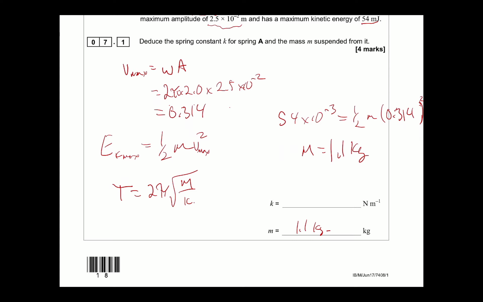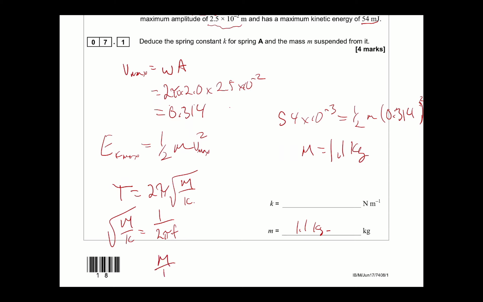So let's rearrange this. So I've got F, not T, so I'm going to change that. So square root of m over K is equal to 1 over 2 pi F. I'm trying to find K, not M, so I didn't rearrange that as well as I could have.